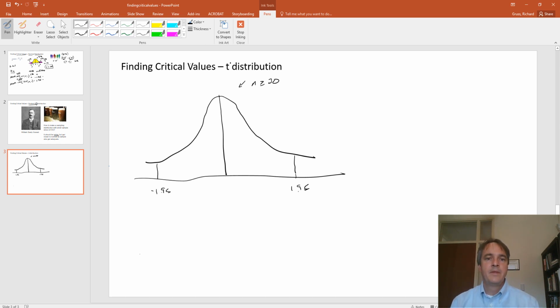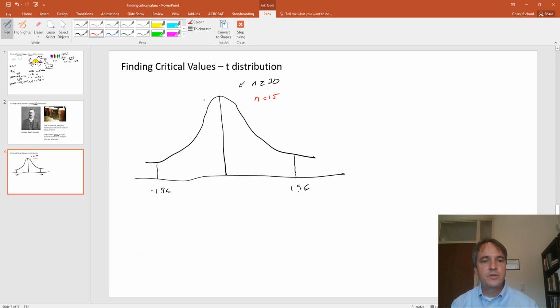But the t distribution says, based on how few samples I have, I'm going to change this so that I still include 95%. How far out do I have to go before I actually include 95%? Let's say, in the red here, we were only able to get 15 samples.